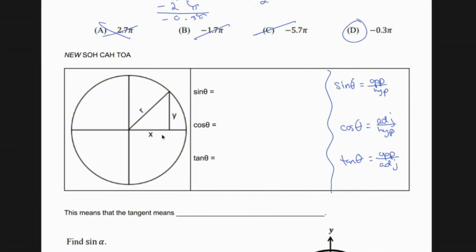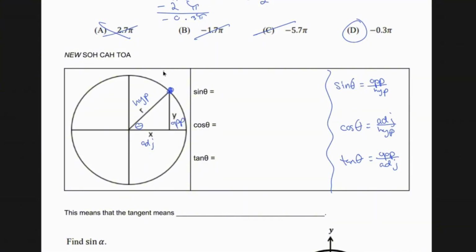Now, theta is always going to live right there. If I'm looking at a circle, I can create this triangle where the radius is always going to be my hypotenuse. Always. Where my x then is going to be adjacent and y is going to be my opposite.